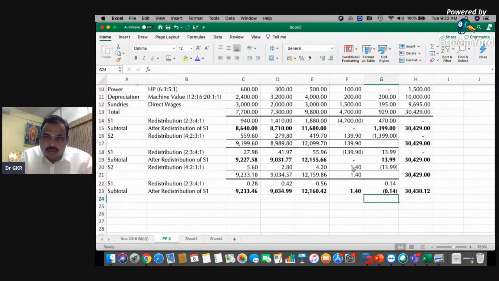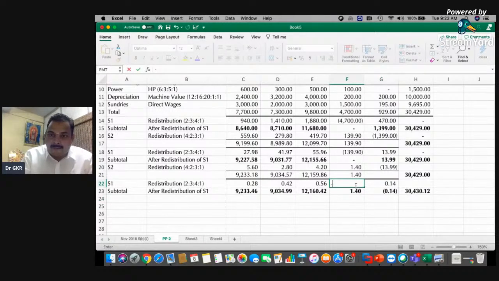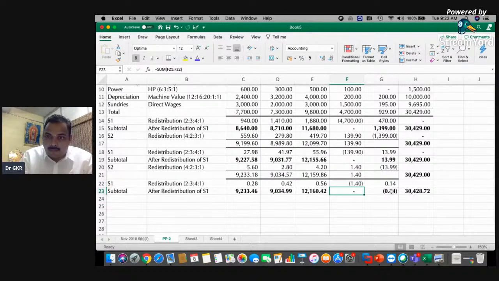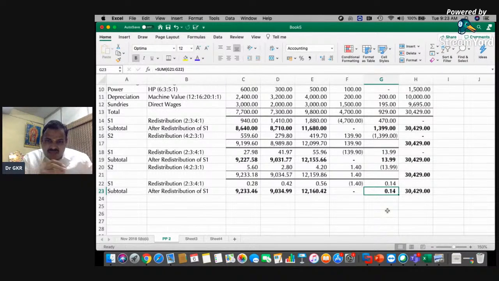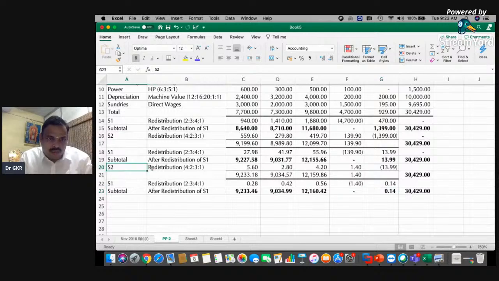So what did I distribute? I distributed this. So now this 14 paisa again I have to distribute, which will be very, very small, minuscule. Okay.